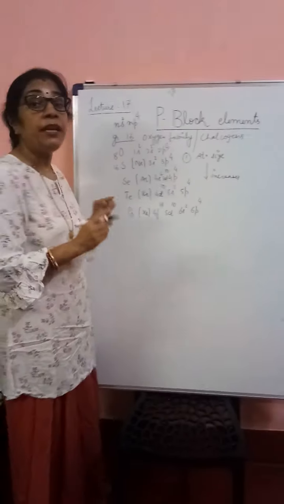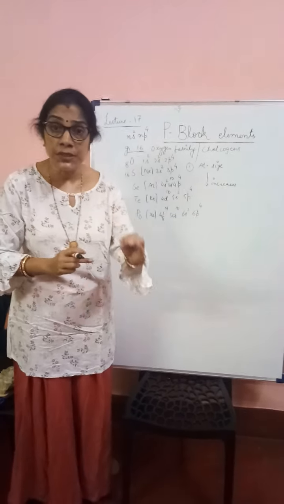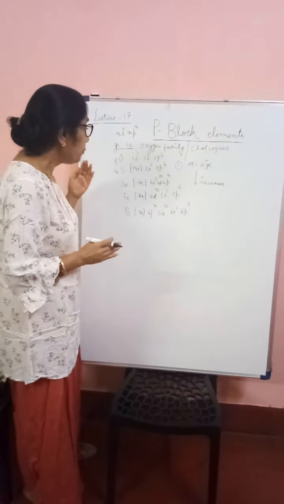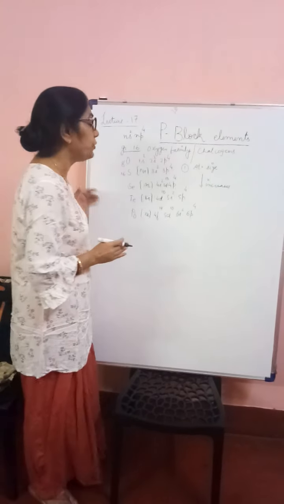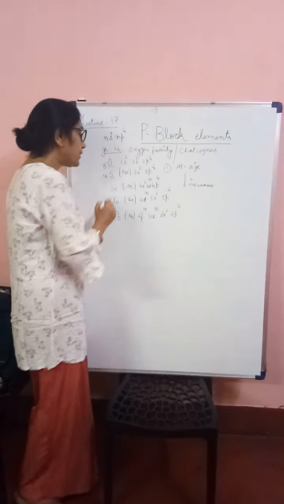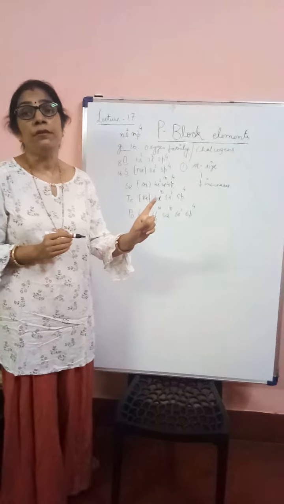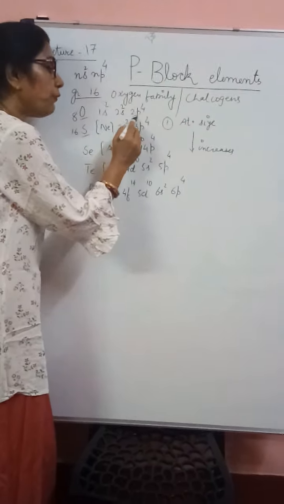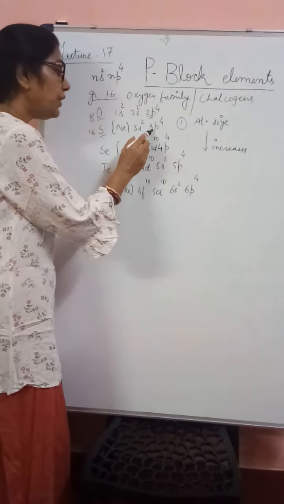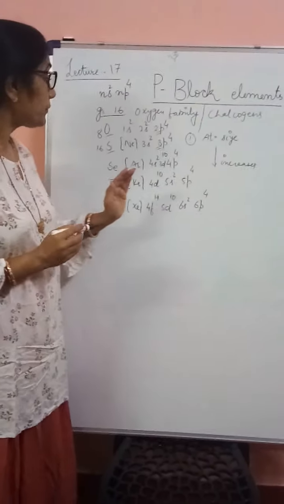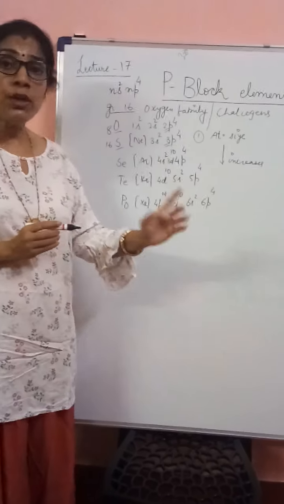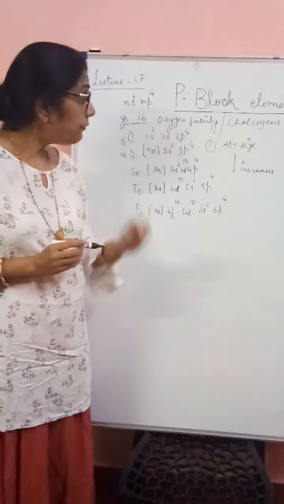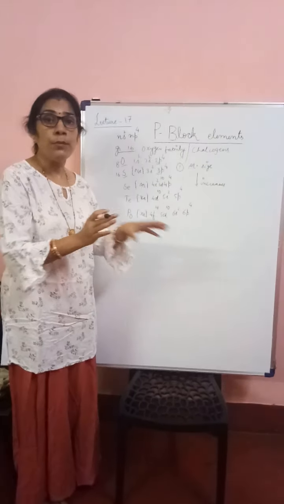Wherever there is an exception, I am going to discuss that. Between oxygen and sulfur there is a prominent difference, because the outermost electron of oxygen is in 2p, whereas in sulfur it is in 3p. So there will be poor screening effect, and therefore a little difference from the normal trend.